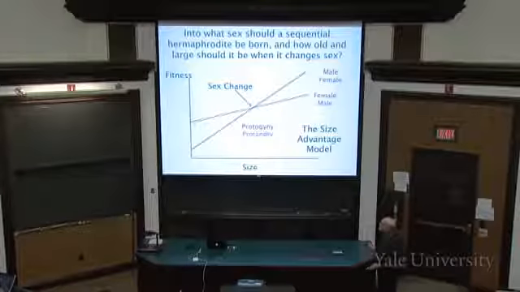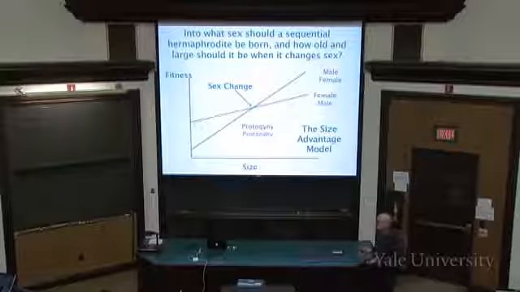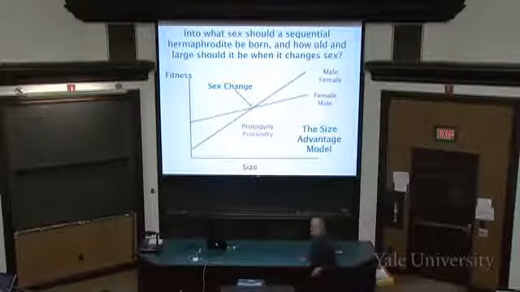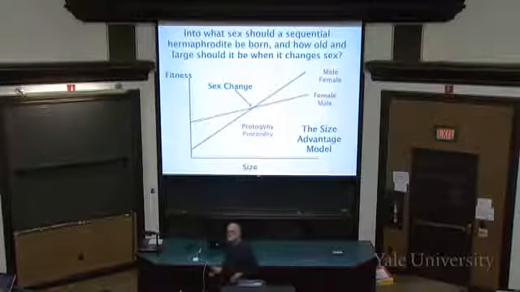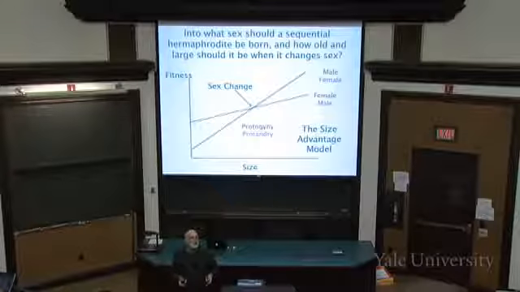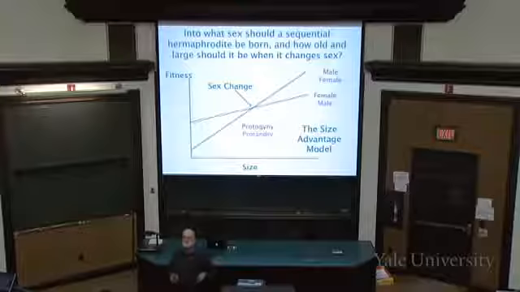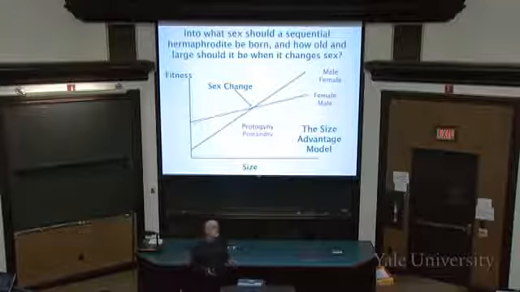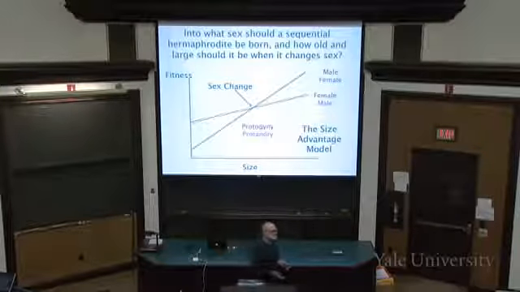The default condition actually is that small things do just fine as males if there aren't any social dominance interactions. Because a small male can still make a lot of sperm. But the fitness advantage switches to being a female when you're large if there aren't social interactions, because a big female can make a lot of eggs.